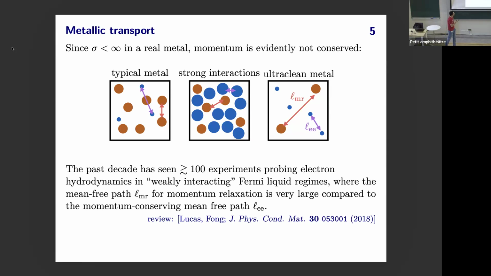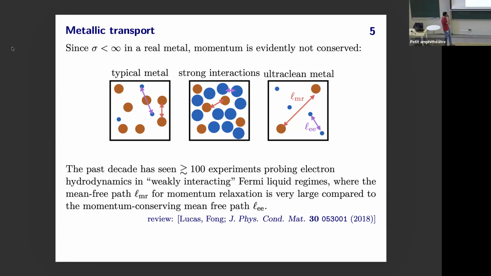And in that case, even if the momentum conserving scattering length isn't really that much shorter than it is in a typical metal, as long as the impurity scattering length is enormous, you could still have a kind of hierarchy of length scales where the electron-electron or momentum-conserving collisions occur much faster than the momentum-relaxing collisions.